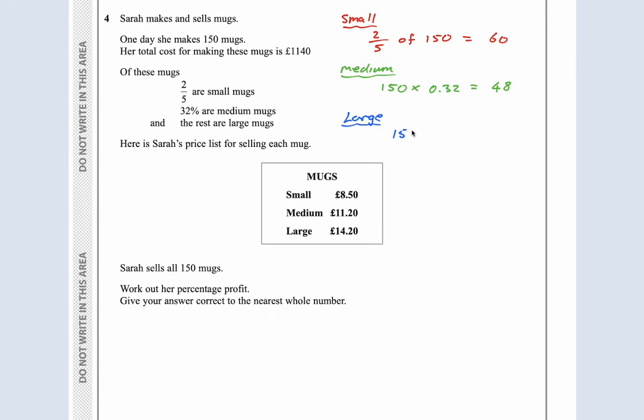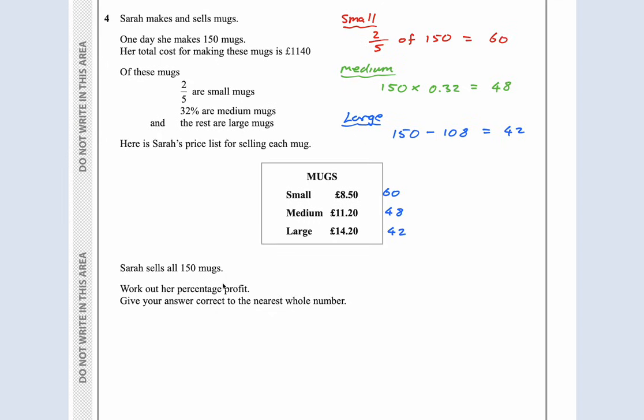So it's 150 minus 60 minus 48, or minus 108, because these two together are 108, and that leaves me with 42. Okay, so now I have 60 small.